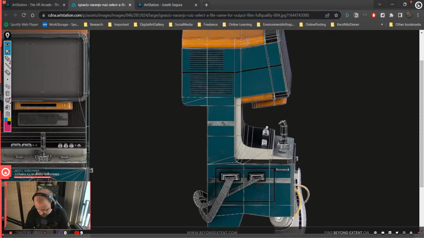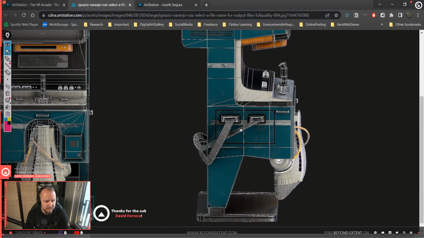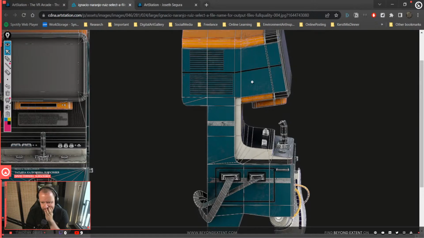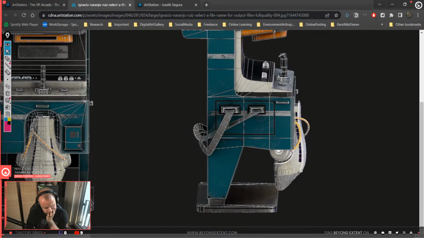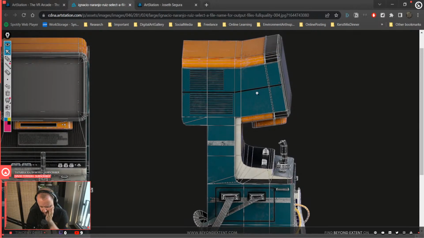Very low poly, in a good way. On certain regions though, interesting. You know the wireframe of it?